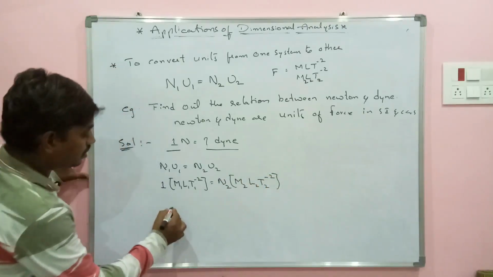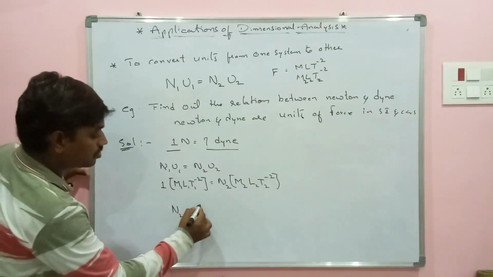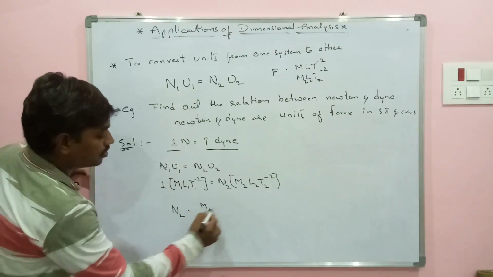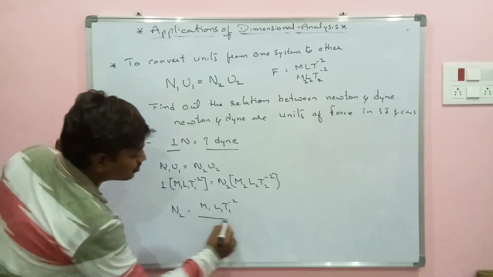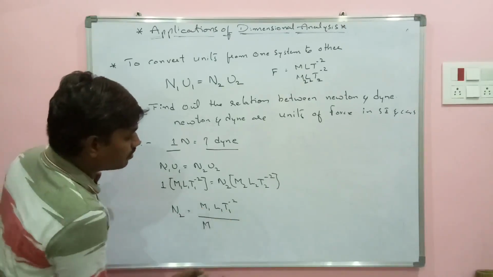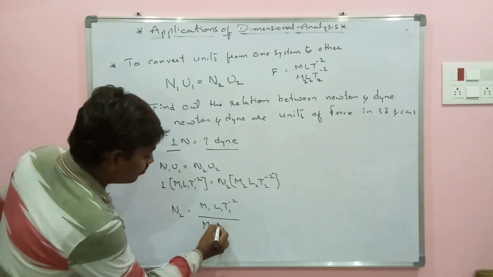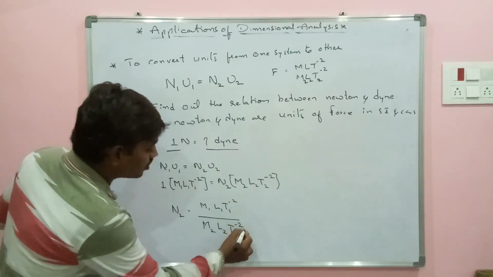Rearranging this, I'll be getting N2 is equal to M1 L1 T1 to the power of minus 2 by M2 L2 T2 to the power of minus 2.